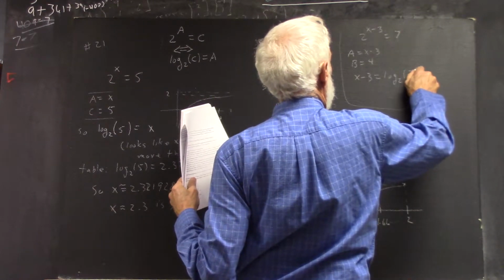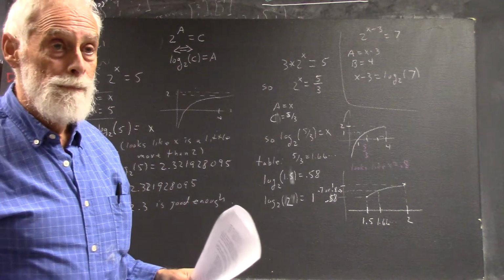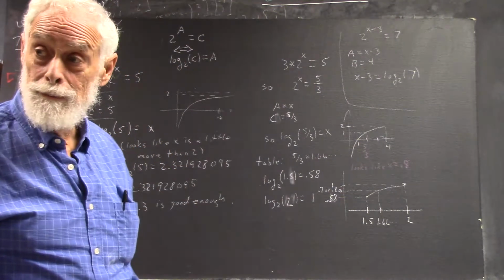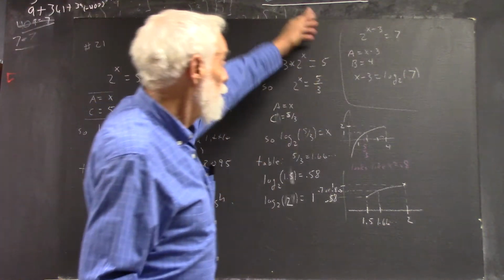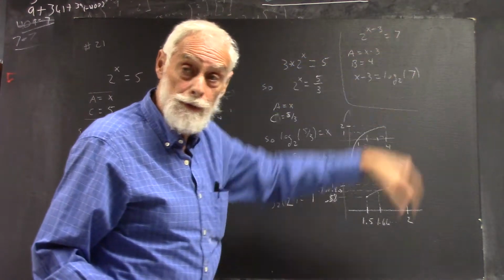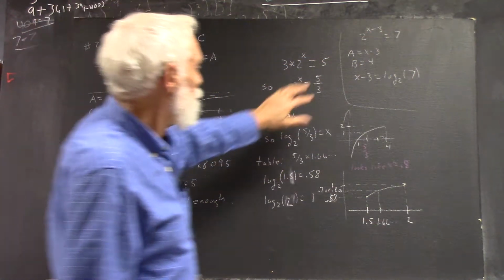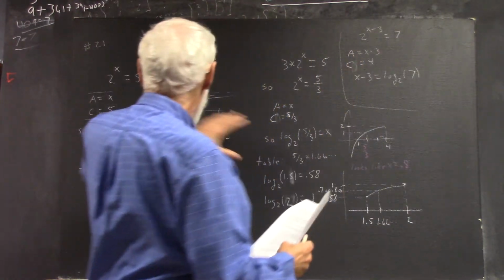Let's just say it's 7. Okay? Well, how do you solve it? You want to get x, right? You've translated it, and it's real easy to translate. You just identify A as your exponent, B is the other, or C is the other number, right? It's not B, it's C. Just doing the same thing I did over here.